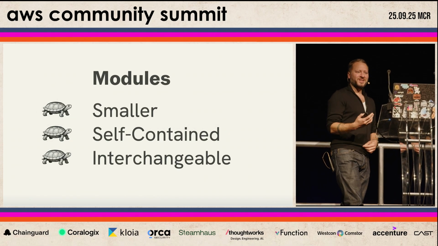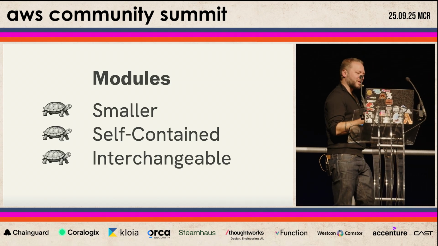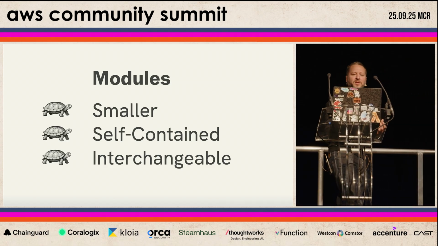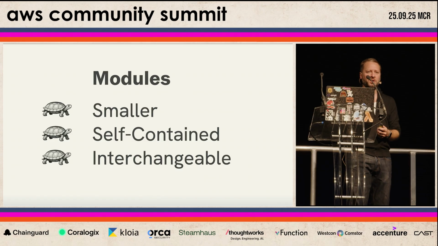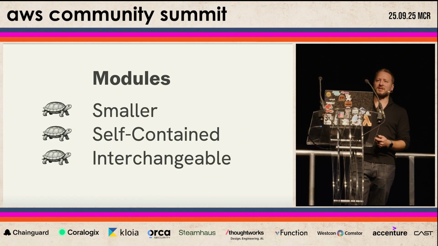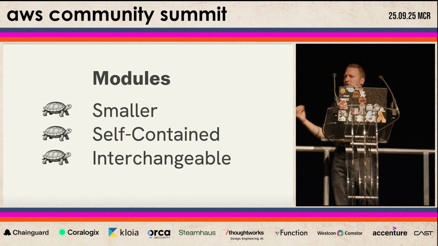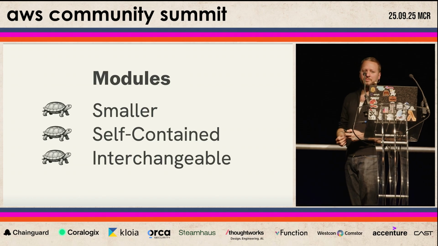But to make sure that this modularity works, you have to make sure that the modules you create are actually smaller, self-contained, and interchangeable. If you don't do this, modularity will not actually help you.